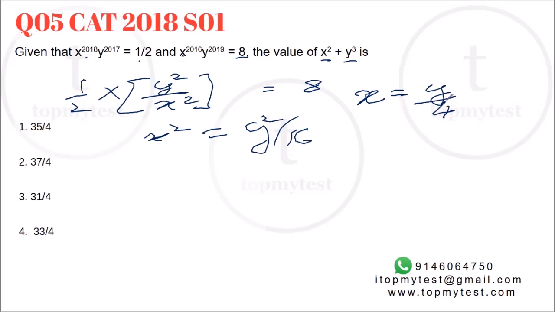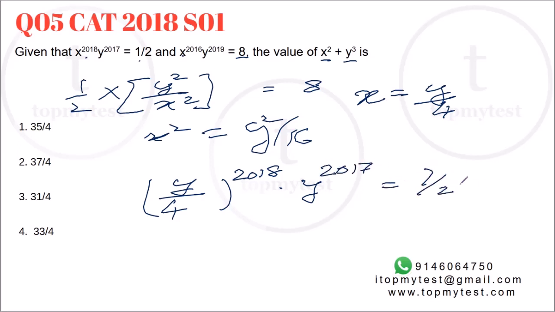Right, now let's substitute this value in one of these two relations. So you get y by 4 whole to the power 2018 into y to the power 2017 equals half. Right, if you rewrite this, you will get y to the power 2018 plus 17, which is 4035, equals 4 to the power 2018 divided by 2.